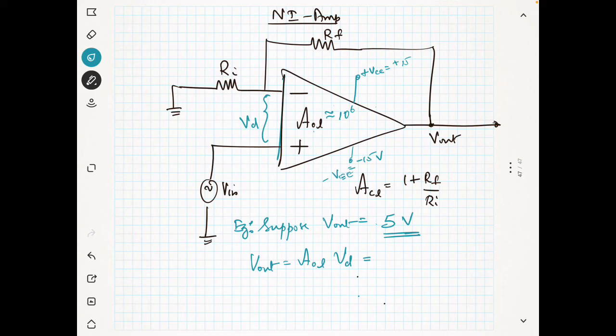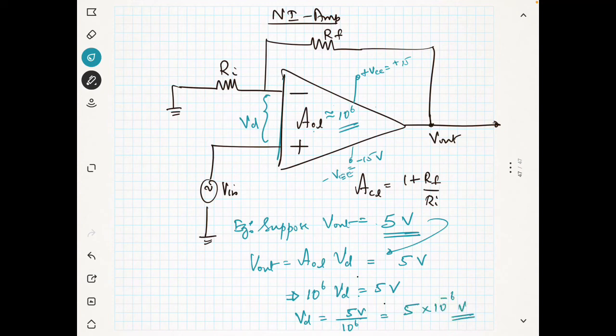I can calculate it from the output voltage. So 5 volt is equal to AOL, which I have given as 10 power 6, into VD. VD is equal to 5 divided by 10 power 6, which is equal to 5 into 10 power minus 6 volts. This is a very small number, which is nothing but 5 microvolt.